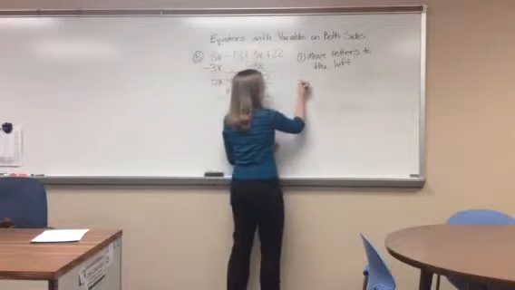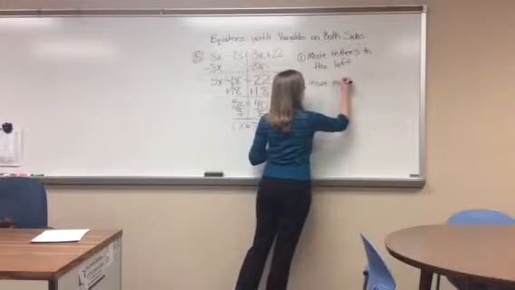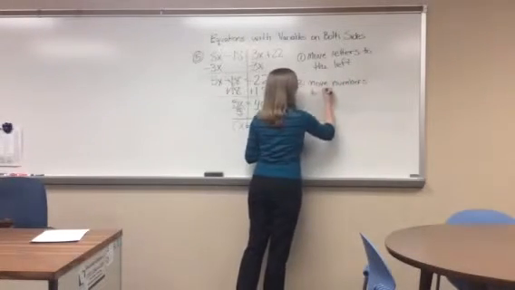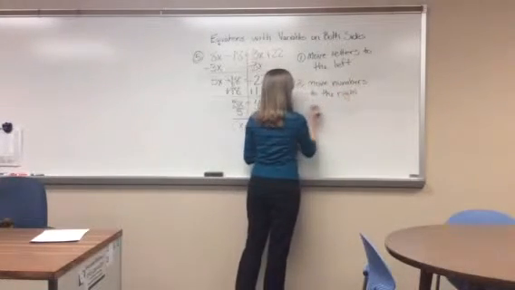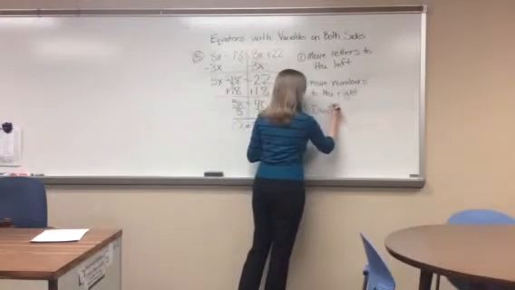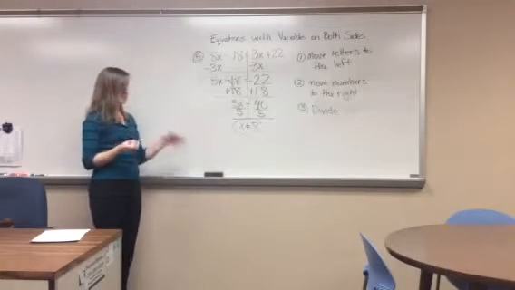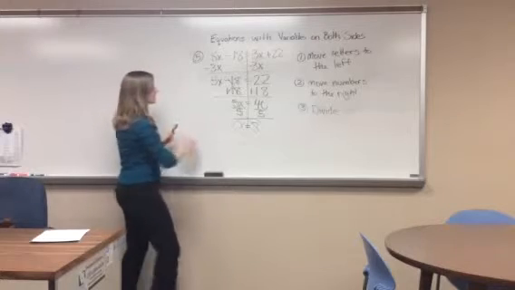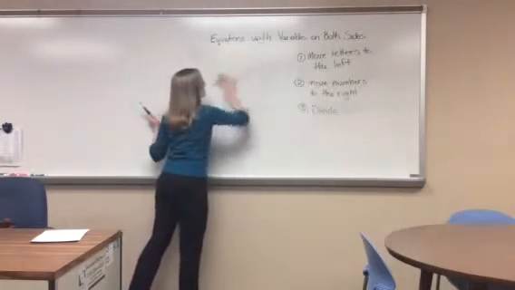Step number 2, I moved my numbers to the right. And last, our step 3, we divide. Okay, so if you follow those 3 steps, you should get to the right answer as long as you do all your math correctly. So let's take a look at number 6 and follow the steps that I've written down for us.